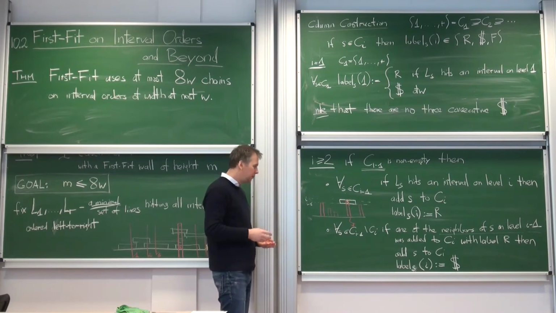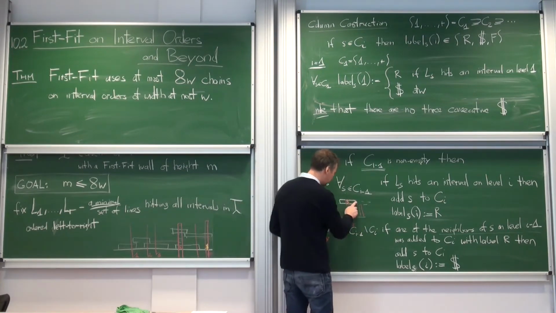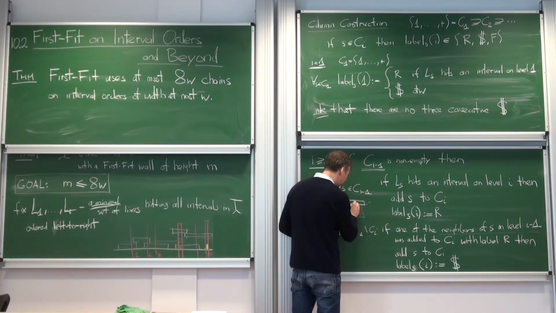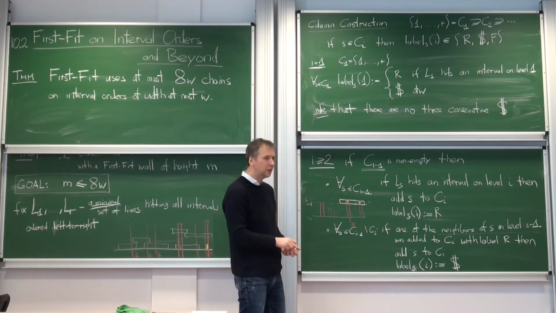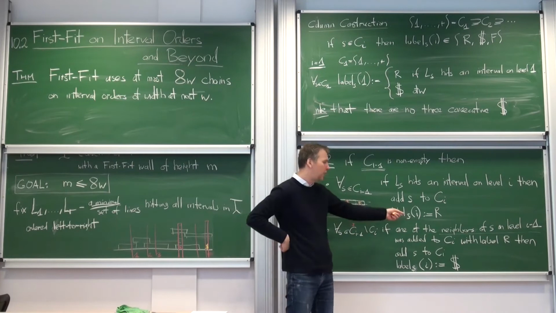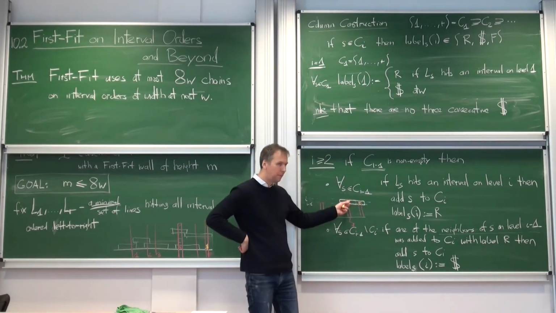So maybe this brick extends here, so that would mean that this column is also surviving, sign R. And this will be all the columns that survive and get labeled R on level I.